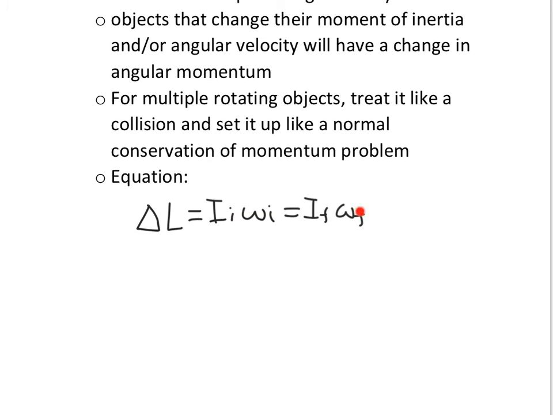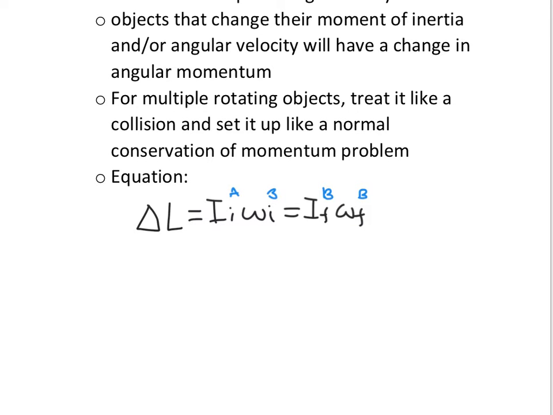I used i's and f's here. You can go back to A and B like we did when we were doing conservation of momentum. It really doesn't matter, but this will be subscript heavy. So this would be what you would use. So just I initial, omega initial, I final, omega final for a single object where one of those two things is changing.